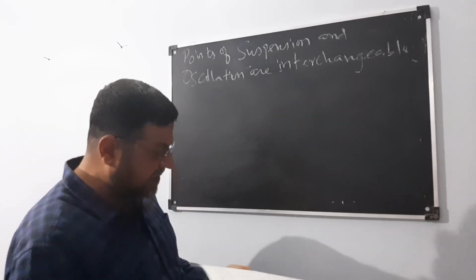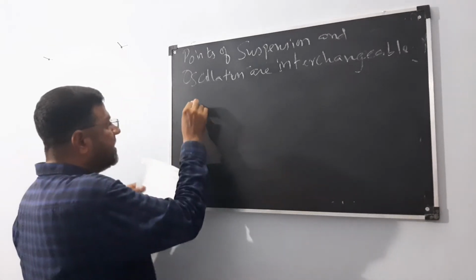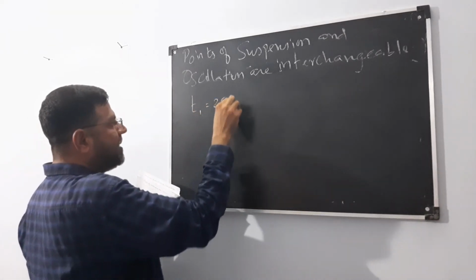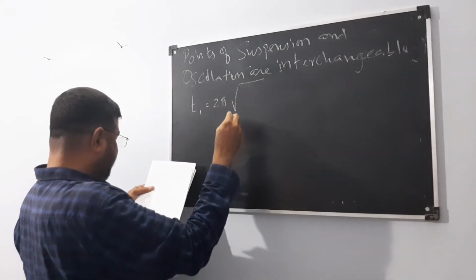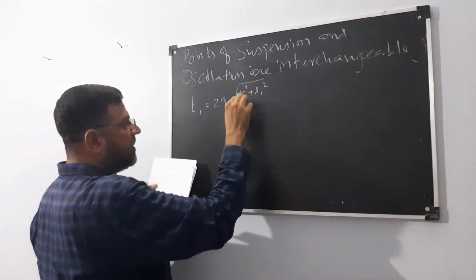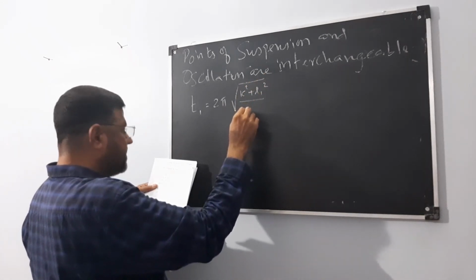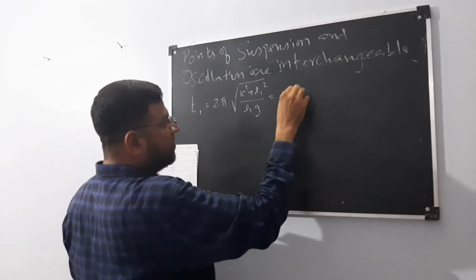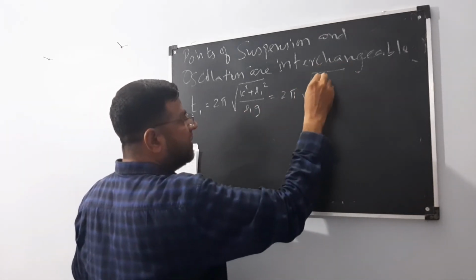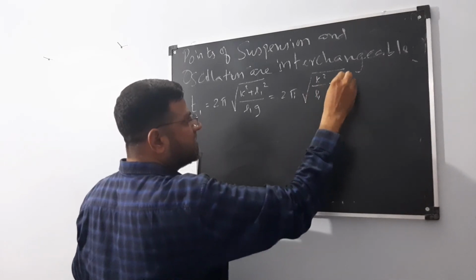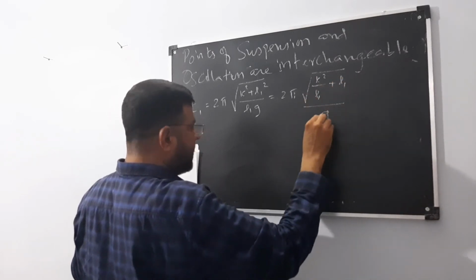Expression for time periods. The expression for time periods is nothing but T1 is equal to 2 pi into root of (k square plus L1 square) by L1g, or we can write this as 2 pi into root of k square by L1 plus L1 divided by g.